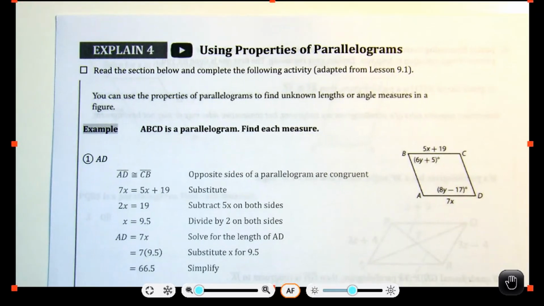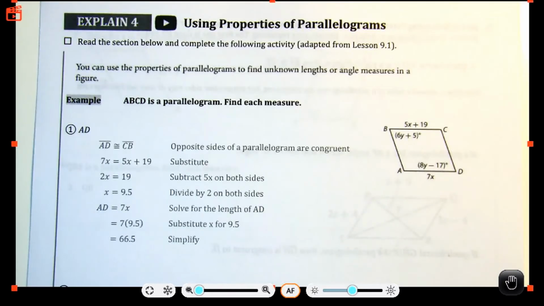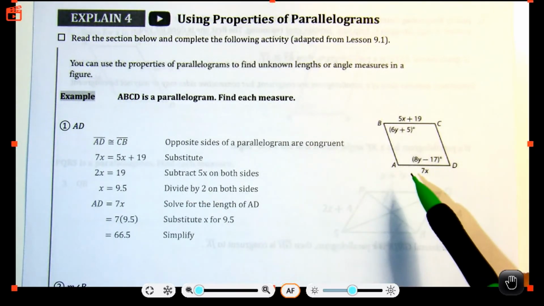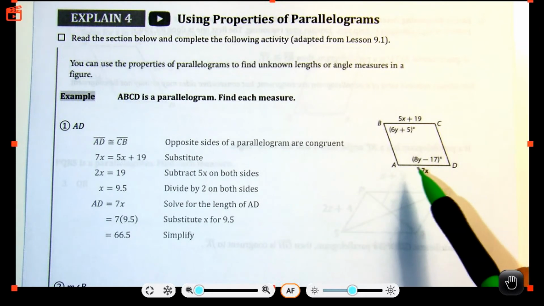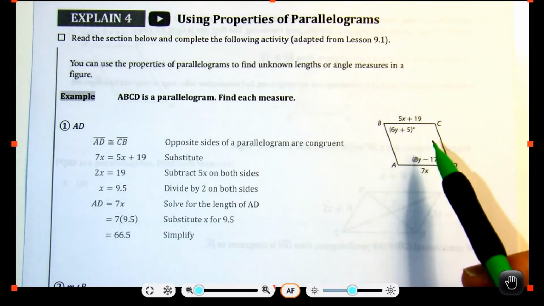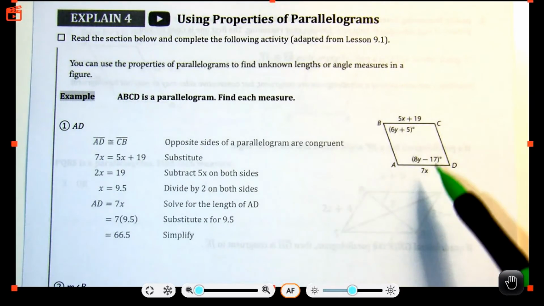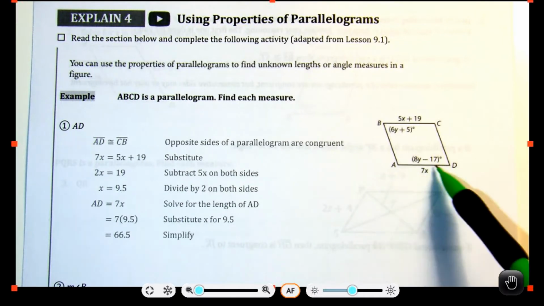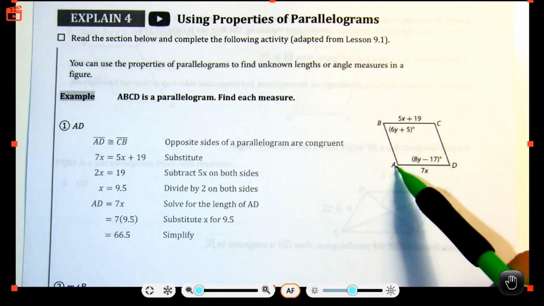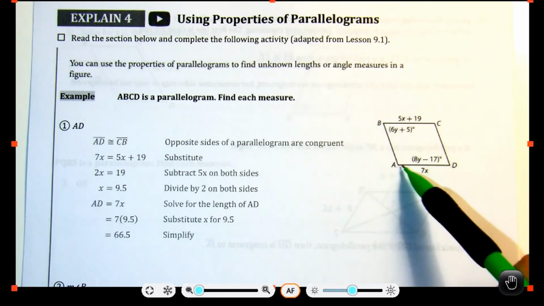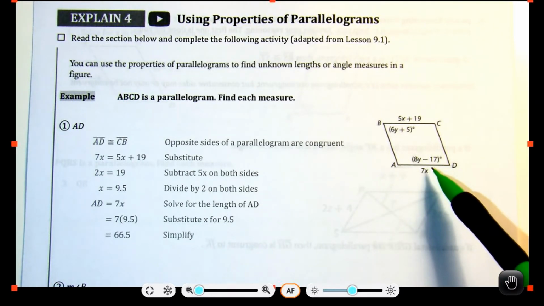Now these examples are already completed for us, but I'm just going to walk through them so that you understand what we're doing. For problem number 1, we want to find the length of AD. So AD is a side, and if we are talking about sides, we're focused on theorem 1 because we know opposite sides are congruent to each other.